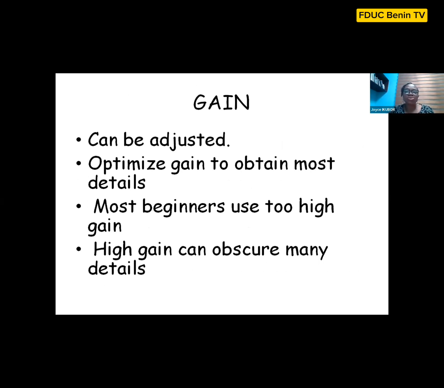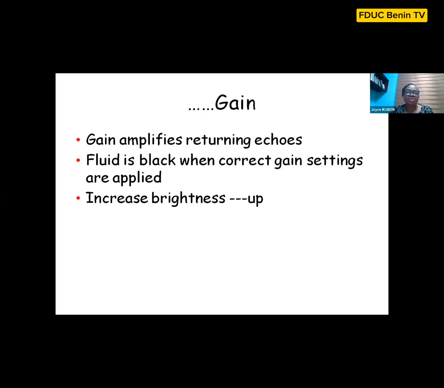I know that most people will just want to make it very high, then later reduce it to the brightness that they are comfortable with. Again, it shouldn't be too high, it shouldn't be too low. If it's too high, it will obscure many details. If it's too low, it will be so dark you will not see anything. So what does the gain button do? It helps to amplify the returning echoes.